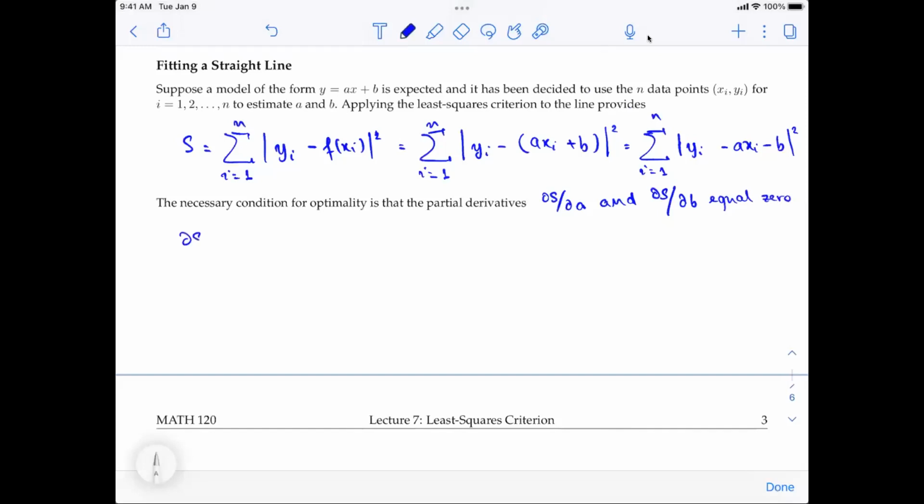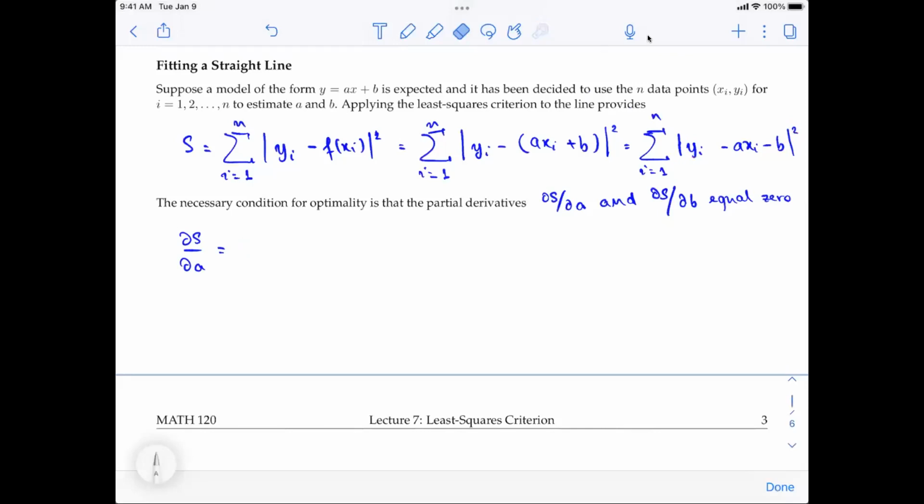So partial S partial a. Now we no longer use the absolute value notation because you have a square already. So that's always going to be positive. So what you do is you're going to just use the regular parentheses.